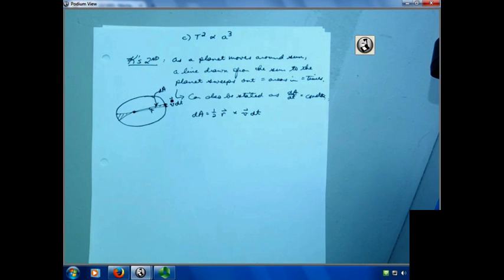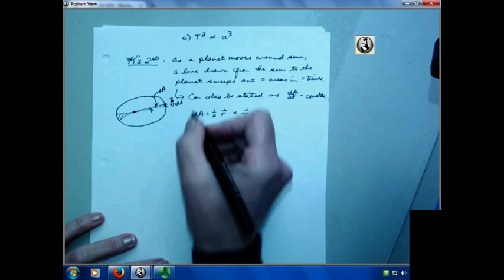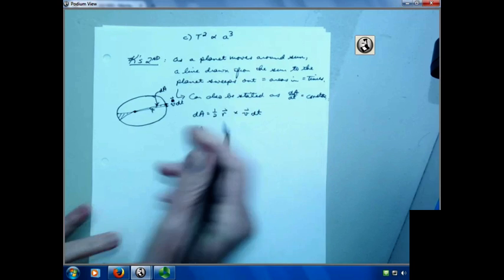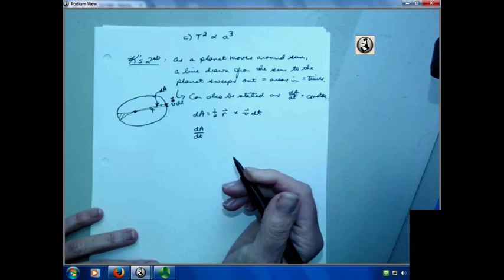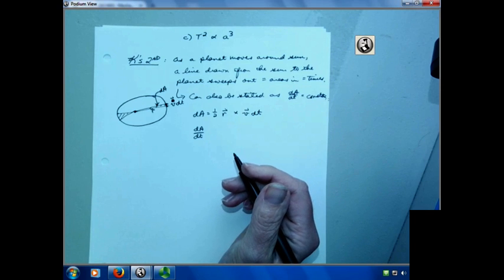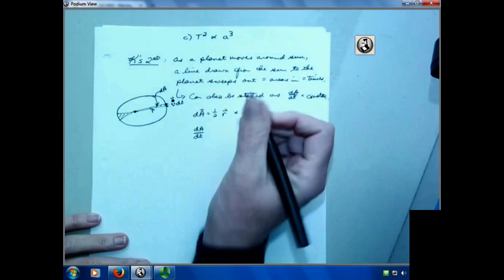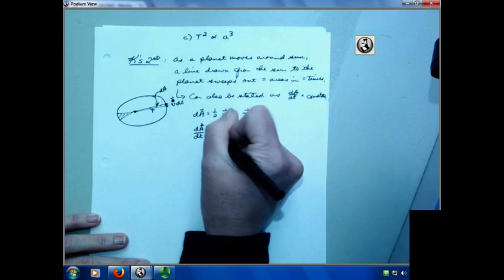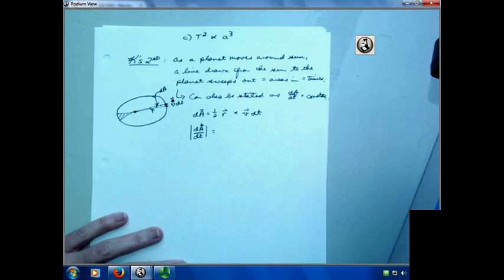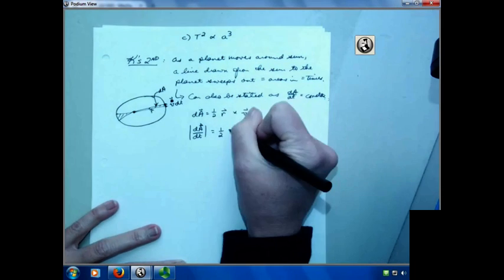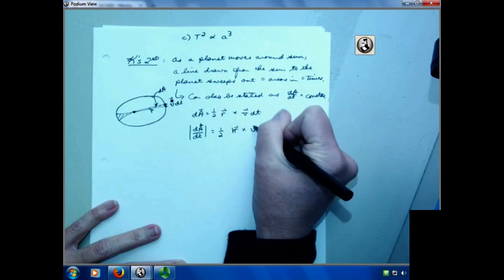All right, cool. So what I have is dA/dt, which also must have a vector direction associated with dA. That's okay, we can do that. Its magnitude would be 1/2 times the magnitude of r cross v.